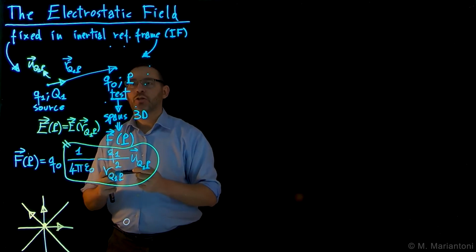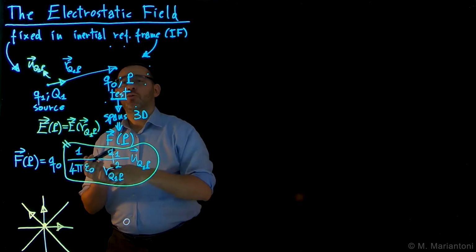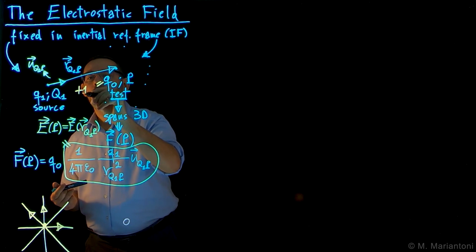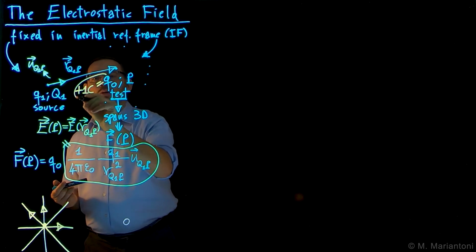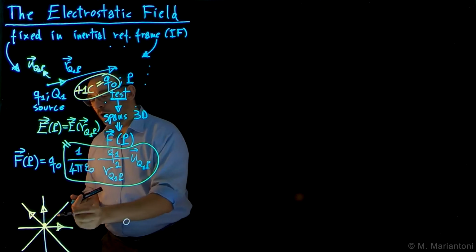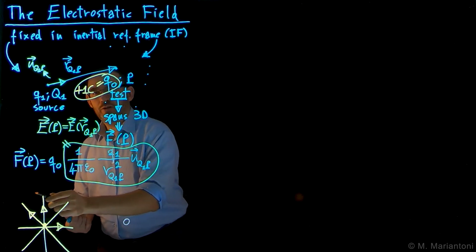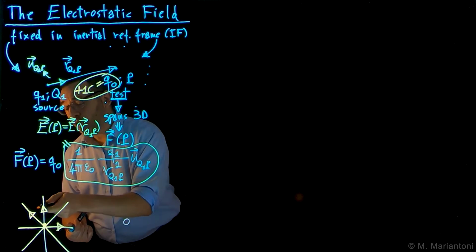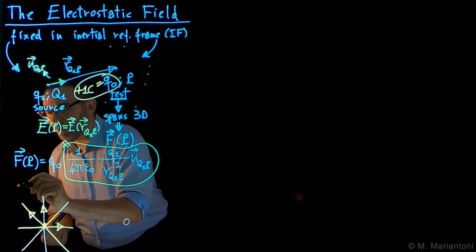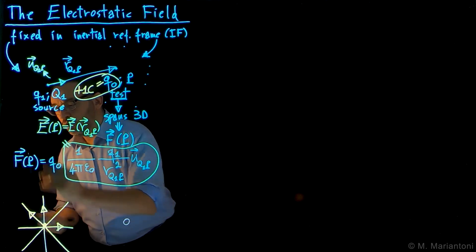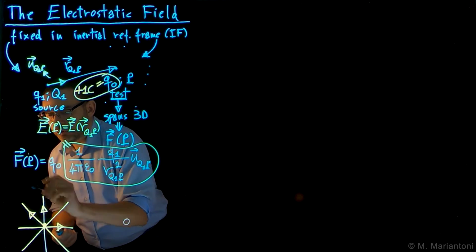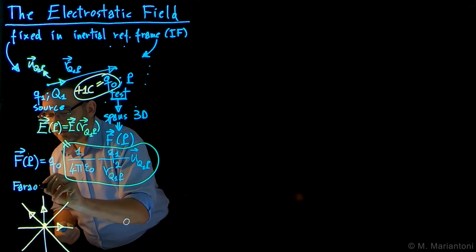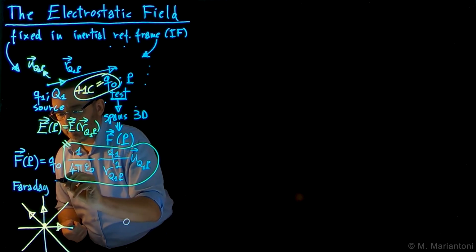Because, by definition, we always choose a Q naught equal to plus 1 Coulomb. With a Q naught of plus 1 Coulomb, obviously we have a repulsion because the test charge is also positive, and that's why with a positive test charge and a positive source charge, these field lines go away from the source charge. So these are Faraday lines or field lines.